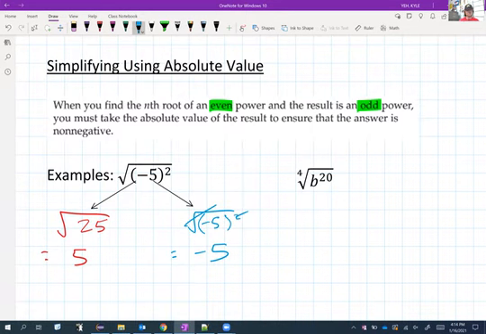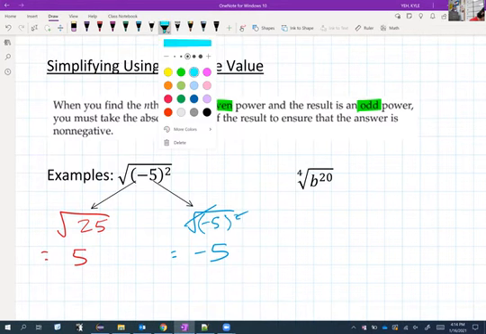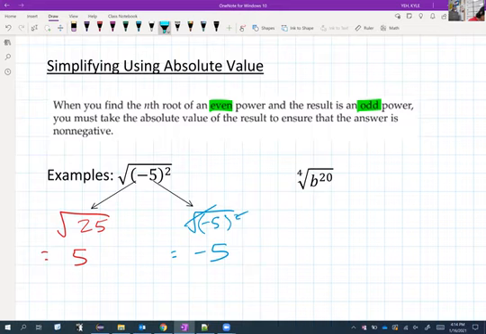And so mathematicians developed this rule to make it a function, to make sure we always get the same answer when working the same problem. And they said, if you start off with an even power, we had -5 to the second power, it was an even power, and then it turns odd when we simplify.